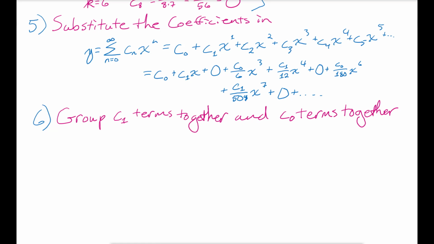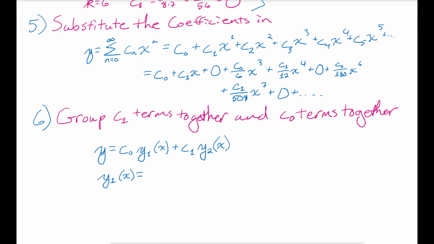So if we do that, then we end up with that y that we had is really equal to some function times c0, so c0 times maybe y1 of x, and c1 times some other function of x, maybe y2 of x. And we can even write these out. So we know that y1 of x equals all of our c0 terms.